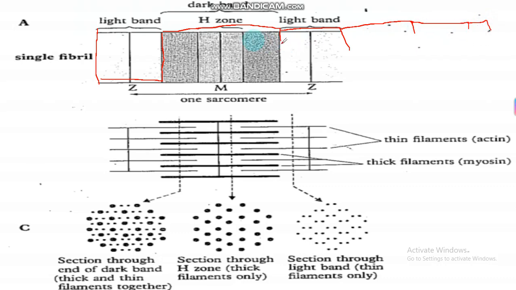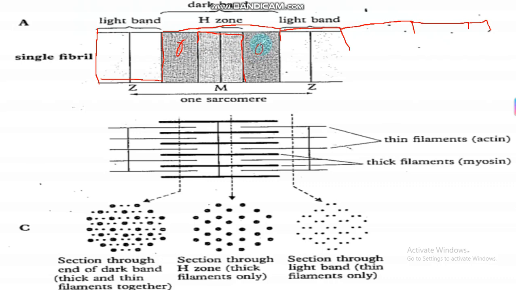Now, in the middle of the dark band, there is this region here, from here up to here. Does it look the same way? Does it look dark the same way this portion and this portion are? You guessed it right.